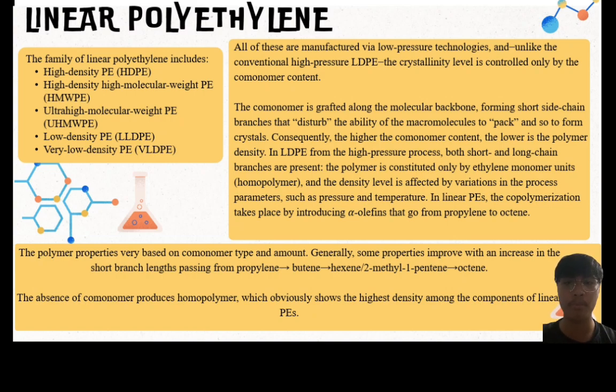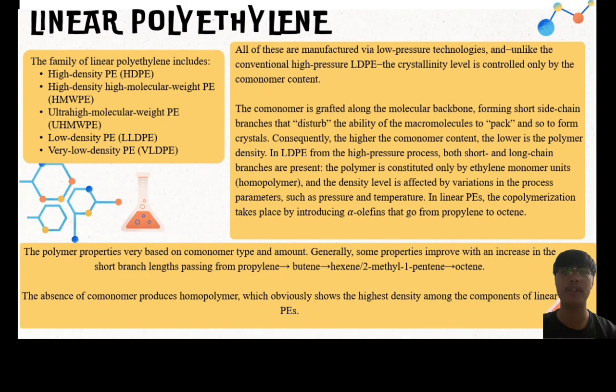The high pressure process produces LDPE with both short and long chain branches. The density level is influenced by changes in process parameters like temperature and pressure, and the polymer is made up solely of ethylene monomer units, which is a homopolymer.